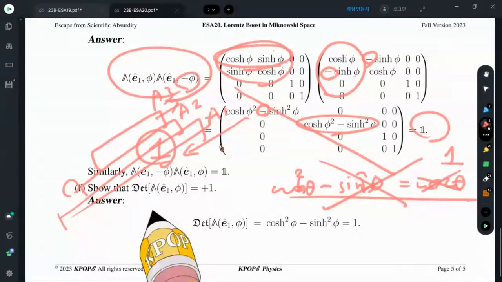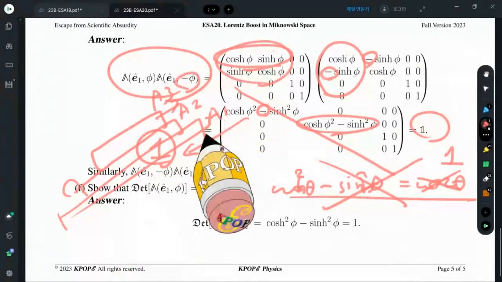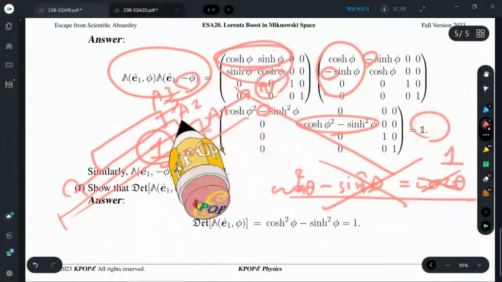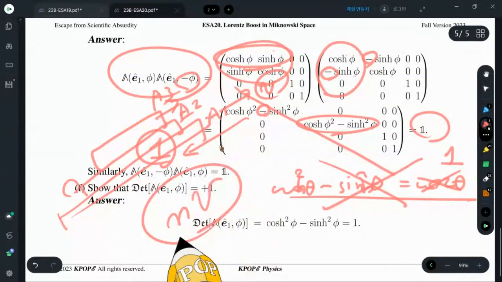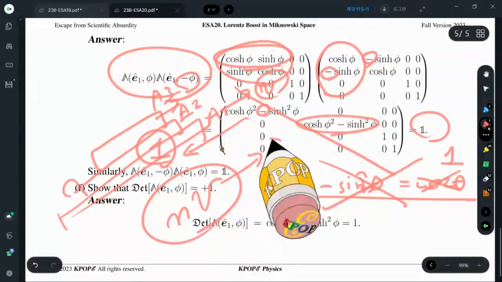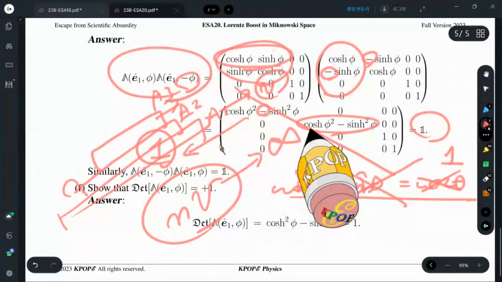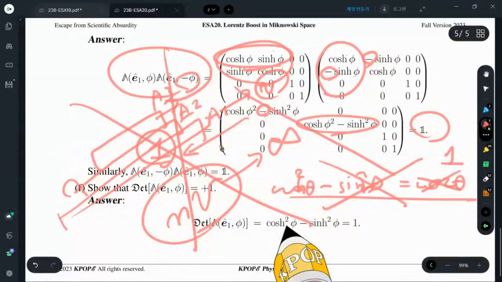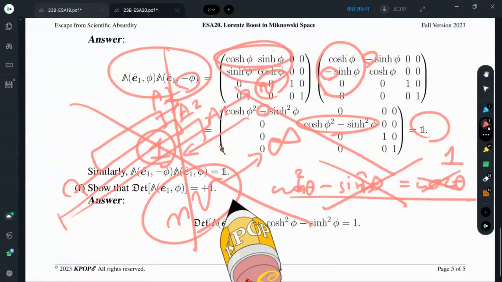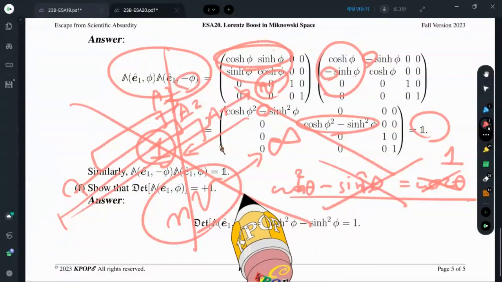In Galilean relativity, the original velocity is v, and then you can add up all of the velocities to reach infinity. But that is not true in Einstein's relativity. Any object cannot fly faster than the speed of light. We will see in the next class.